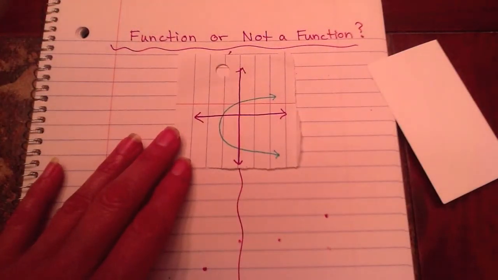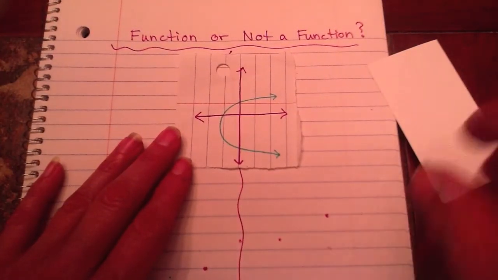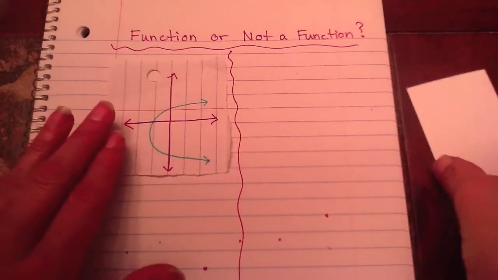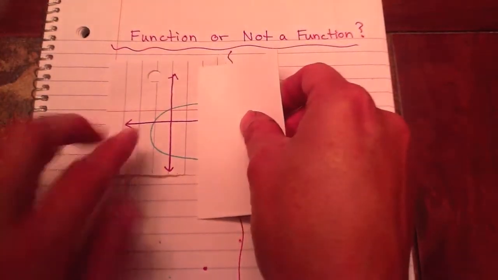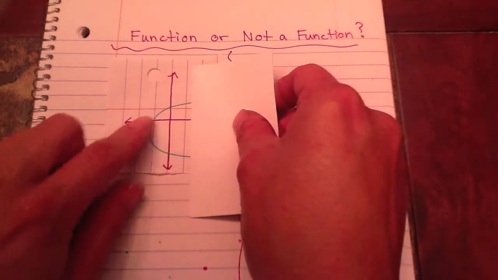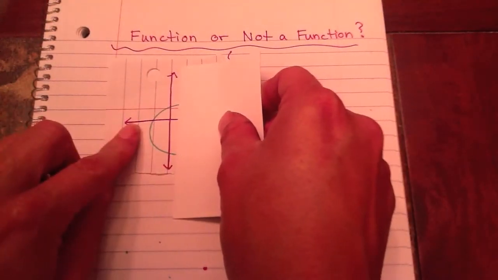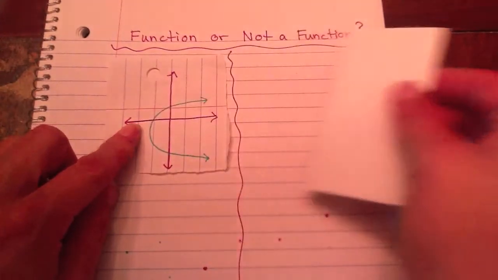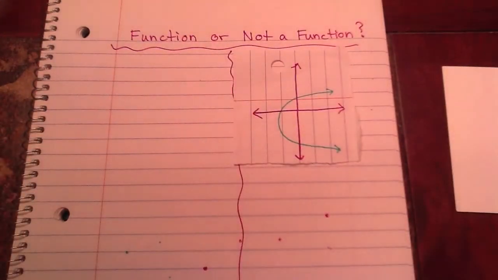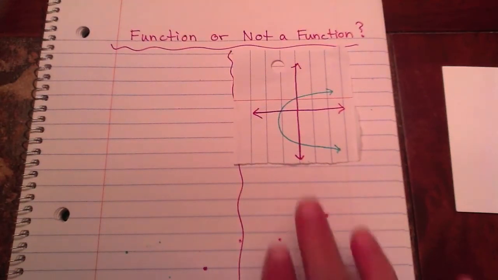Same idea. If that was to turn sideways, is it still a function? And right away you should have determined no, because we're crossing twice, twice, twice. It keeps going until it gets to that very end point there. So that is not a function. Go ahead and draw that in.